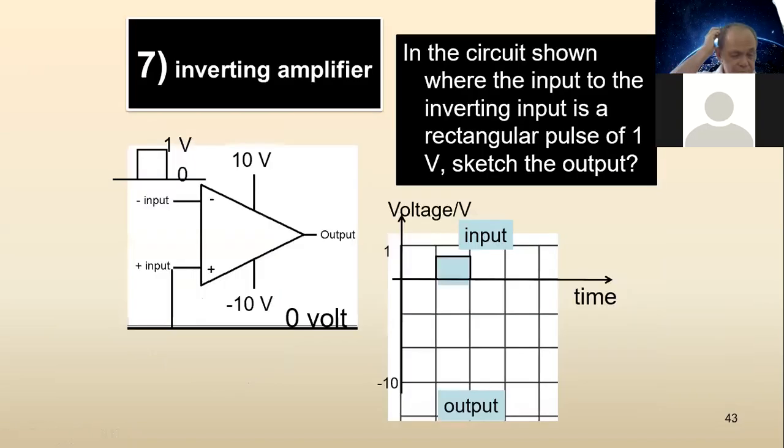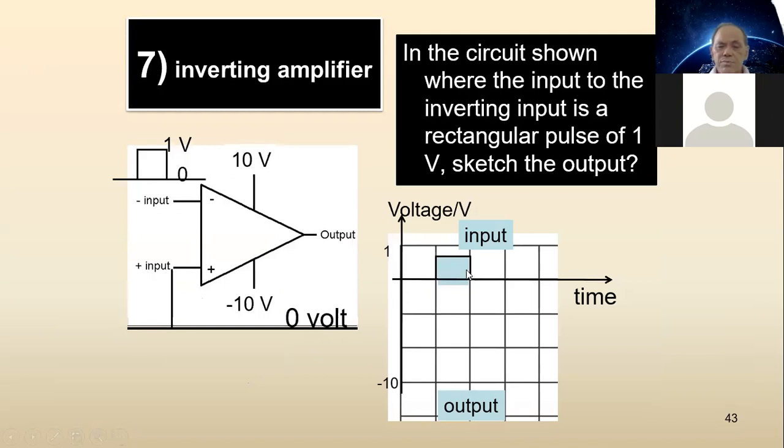Let's apply it a bit further. If your input is just like you switch on, current flowing, and you switch it off. Voltage input is 1 volt. So this is your input. What does the output look like? When it's 0, everything is 0, because this is connected to 0.